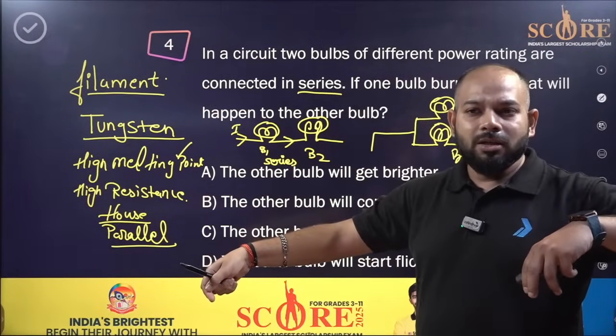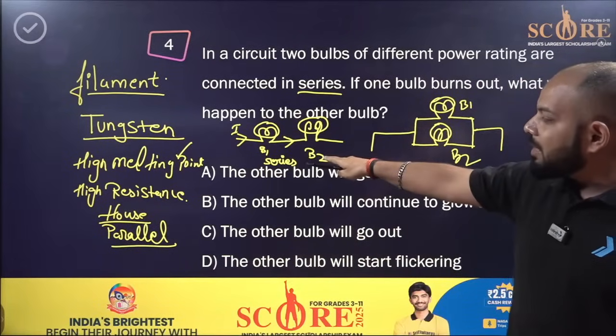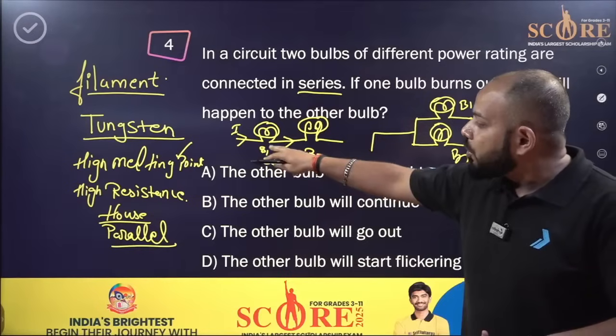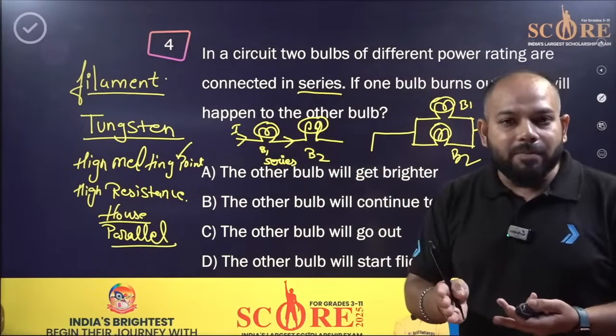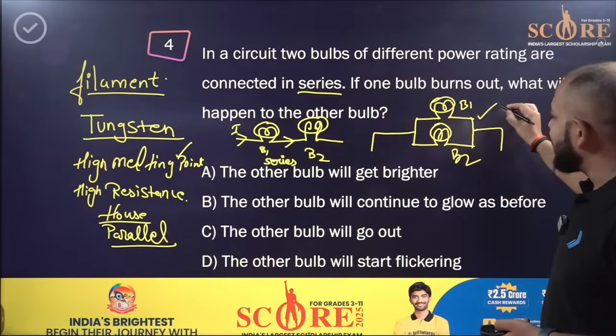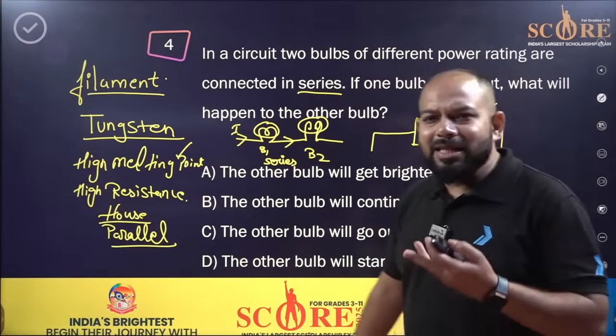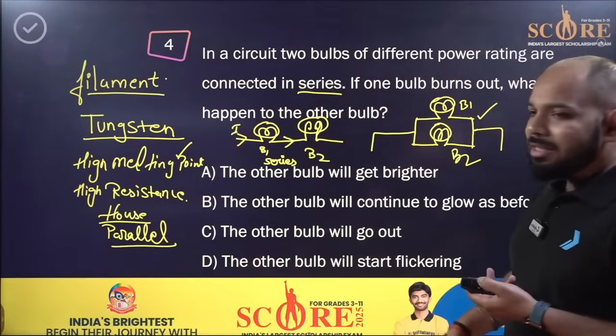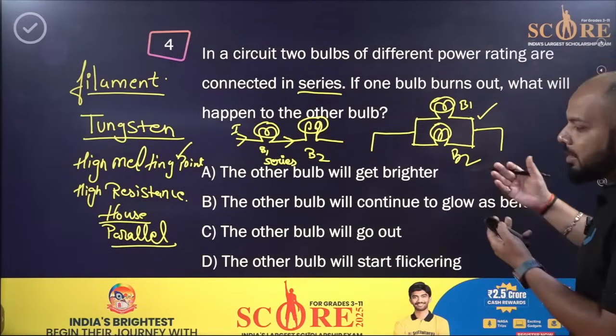Because if the connection is given in series in our domestic homes or anywhere, then if any appliance gets damaged, the other appliances won't work. So we do this parallel connection. And there is also the star connection, and all this you are going to learn in the upcoming classes, in the senior grades.